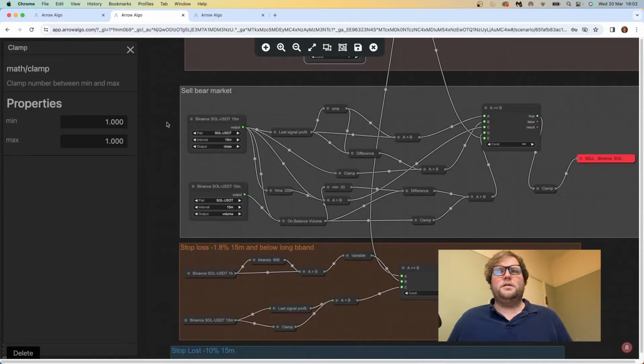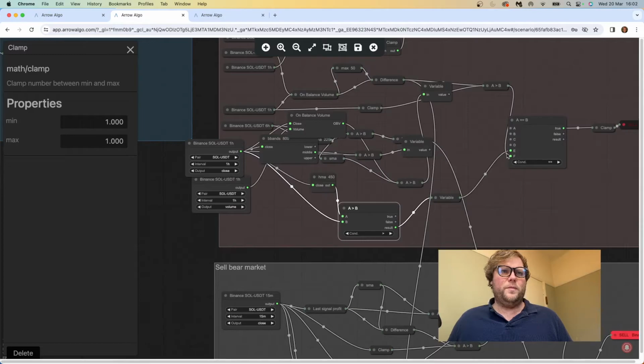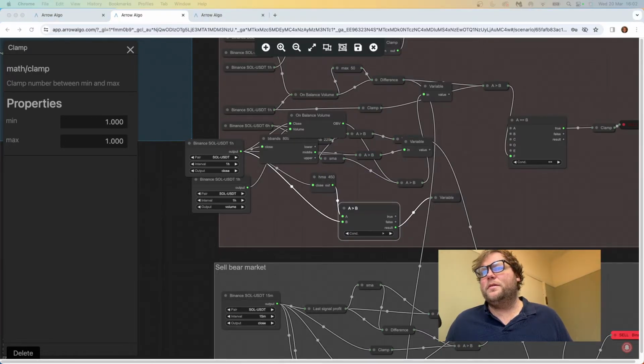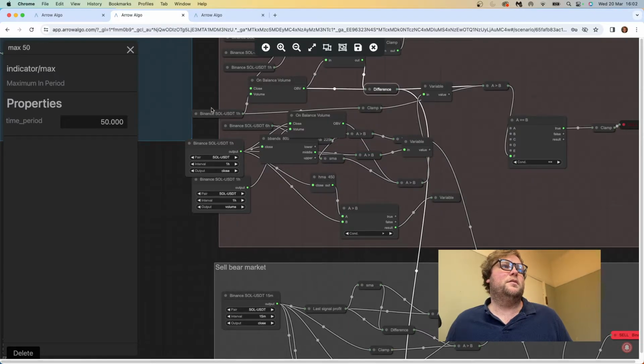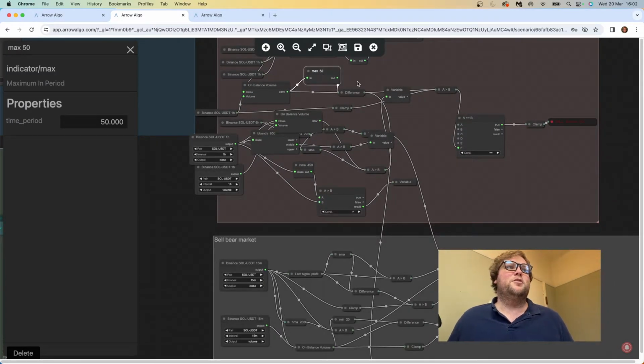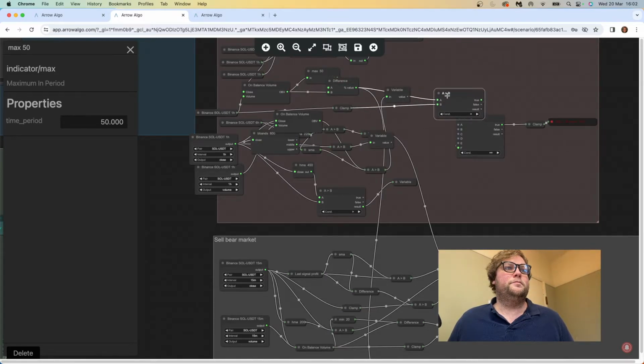So that's our third set of conditions. I know we've missed one. Part F, again, is another on-balance volume rule. So again, we're looking at this max in 50 periods up here, and we're checking whether the on-balance volume on the hourly chart this time, again, the difference between the current OBV and the maximum that the OBV has been in the last 50 periods, the difference between those two is more than 10%.